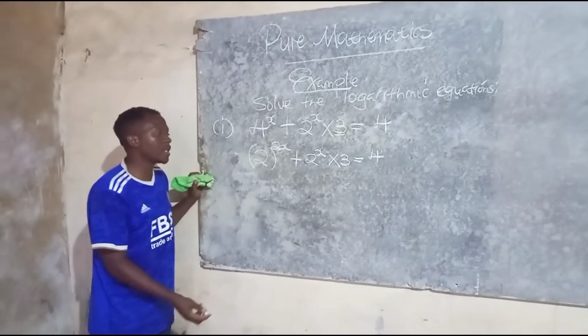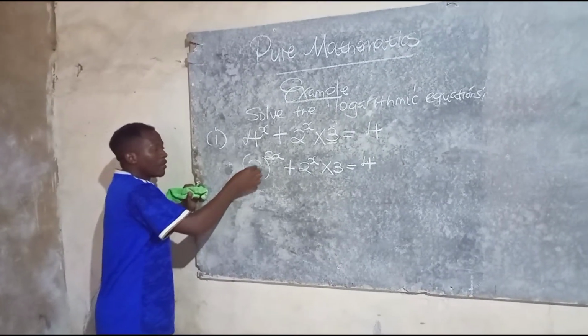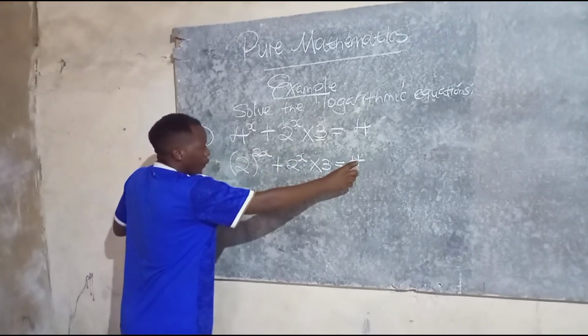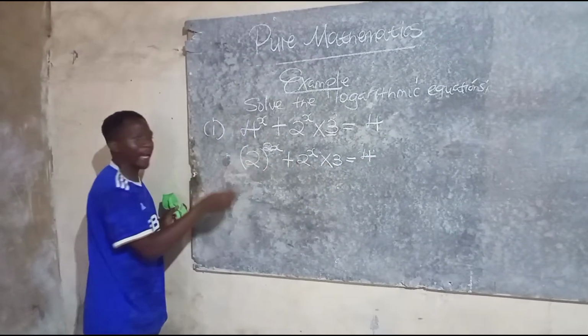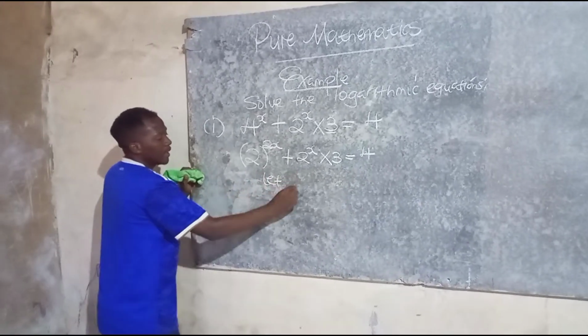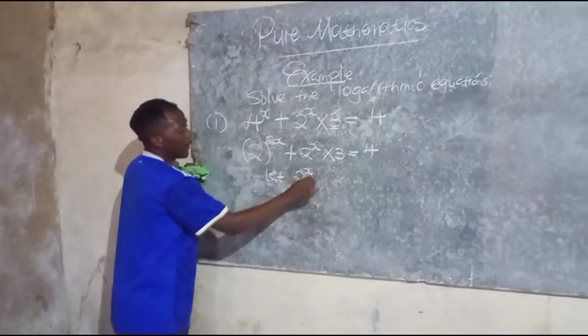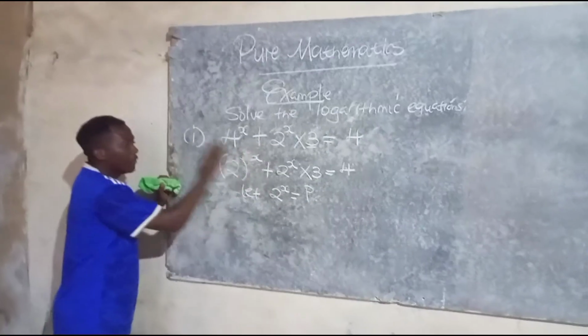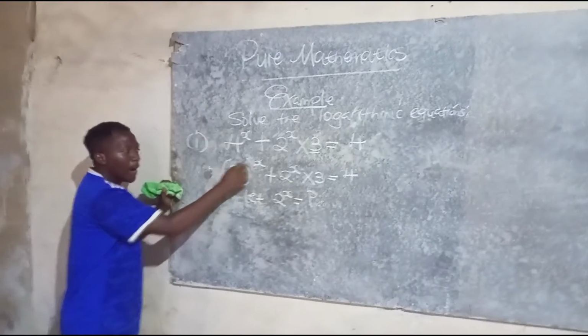Upon reaching this stage, we're going to say 2 to the power 2x, plus 2 to the power x times 3, is equal to 4. Where there is 2 power x, we're going to replace it with a p. So I'm going to say let 2 to the power x be equated to p later. So if we remove these 2, then we have achieved 2 power x.